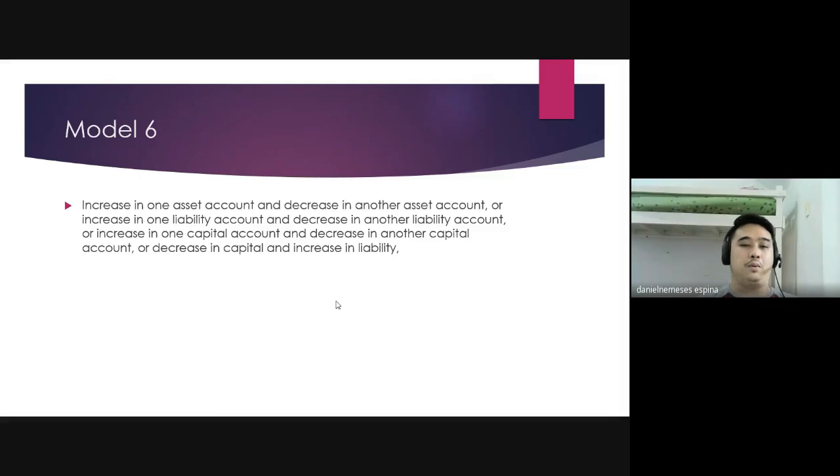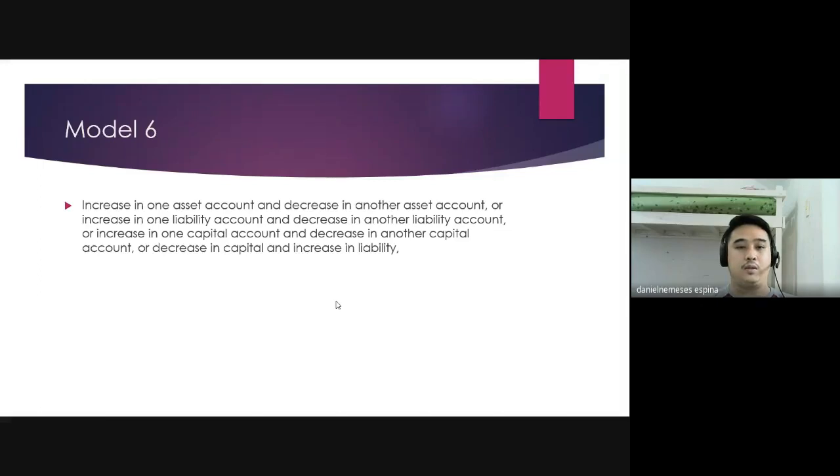So kaning third, increase in one capital or decrease in another capital, this happens every time nga magsara og libro. Kasi magsara og libro, dapat zero na imong expenses o income. Also decrease in capital, increase in liability.